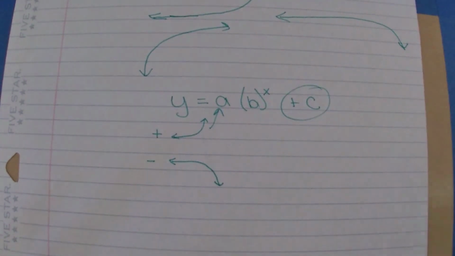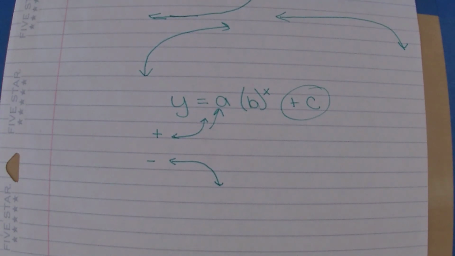This plus c over here on the end is a really, really weird number. This c gives us a special line that our graph will not go above or below. So we sort of have this weird rule of like, it doesn't quite get to it, it gets close to it.